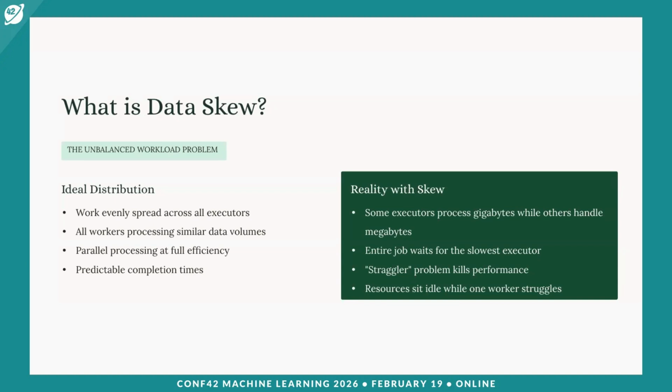We want full efficiency and predictable completion times given the scale of the data. But in reality, with the skew problem, some executors process gigabytes while others handle megabytes. The entire job waits for the slowest executor, job times become much longer, downstream jobs are impacted, and it kills the entire pipeline's performance. Resources sit idle until the other worker completes its job.